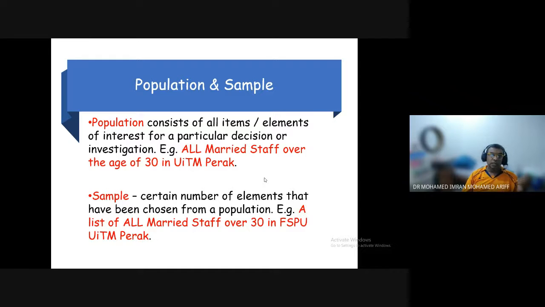Okay, so jika kita dapati bahawa dia 90% here, maka 90% itu kita boleh refer back to the population. Okay, so what I'm trying to say is population is secara keseluruhan and sample is a small element daripada population tersebut, because it's impossible to get the whole population.